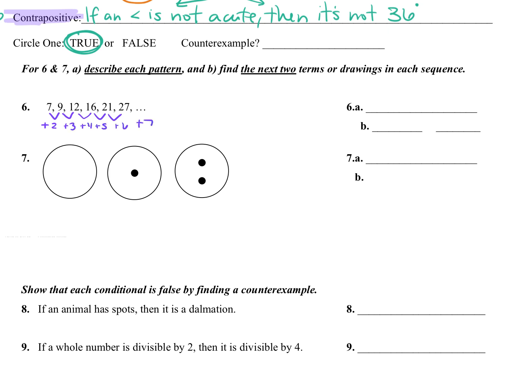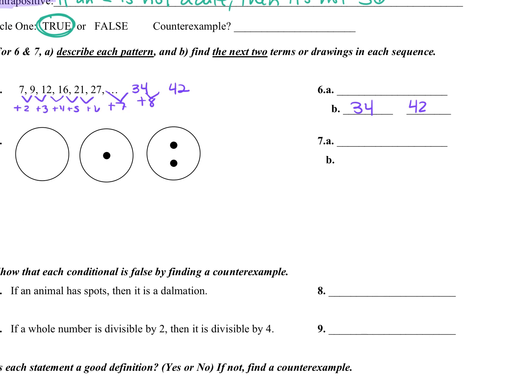So your next one's going to be to add 7. What would that get you? 34. And then you add 8, which would get you 42. So your next 2 terms are 34 and 42. To write that pattern, you can just say plus 2, plus 3, plus 4, and then go dot, dot, dot. Dot, dot, dot means it keeps going, okay? So you don't have to write all the way up to plus 8 for that.